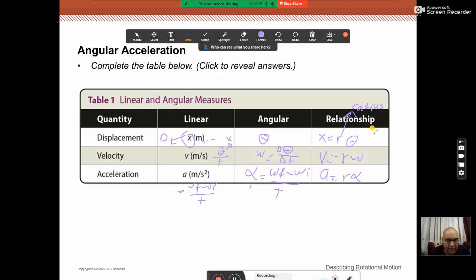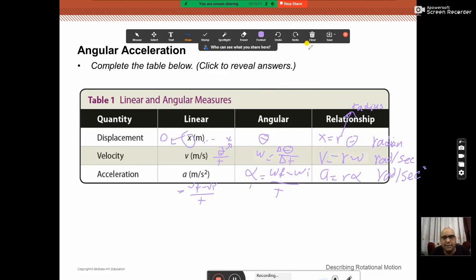The measuring unit of angular displacement is radian. The measuring unit of angular velocity is radian, we can write it RAD per second. And the unit of angular acceleration is radian per second squared.